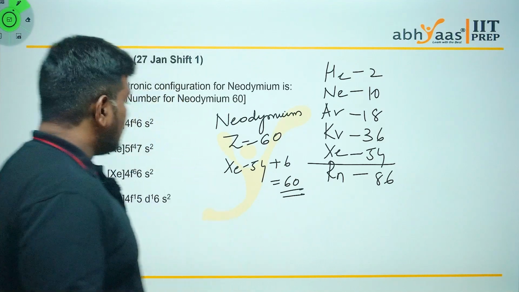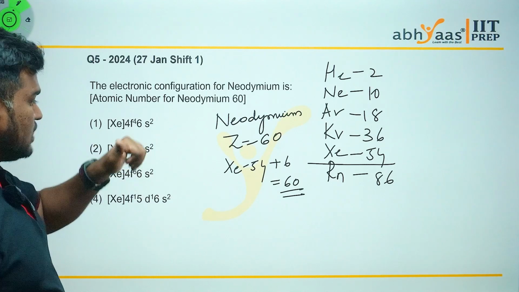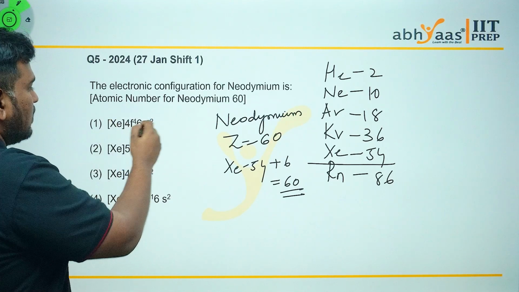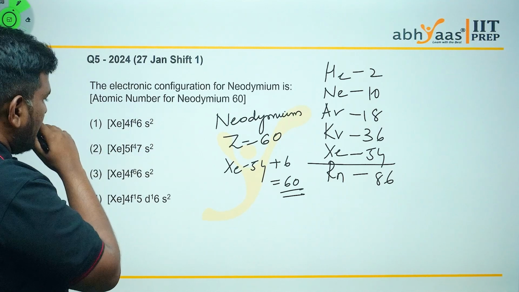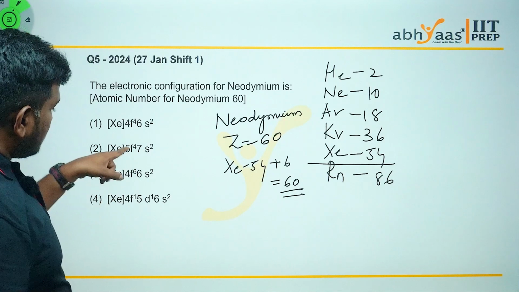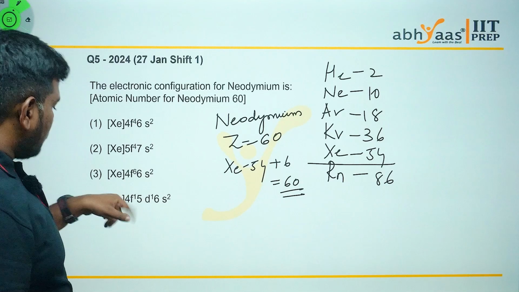So you just see whichever configuration after xenon gives you 6. So you can see 4f4 plus 6s2, it is 6. That means it will be 60. The others actually have a problem here. 4 plus 2 it is right, it is 6, but here it is 8. Here also it will not come properly.